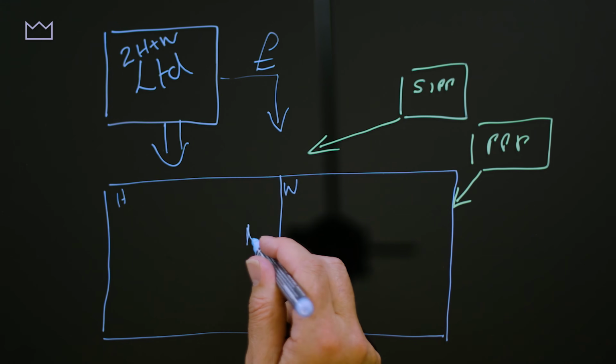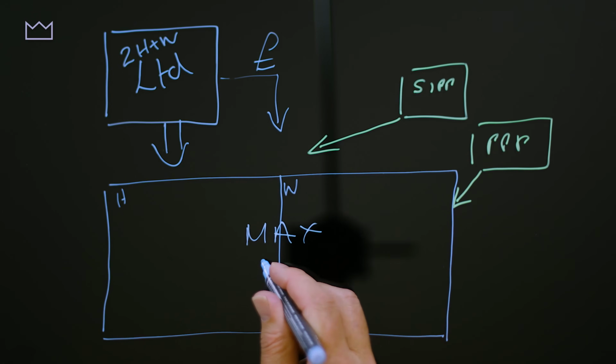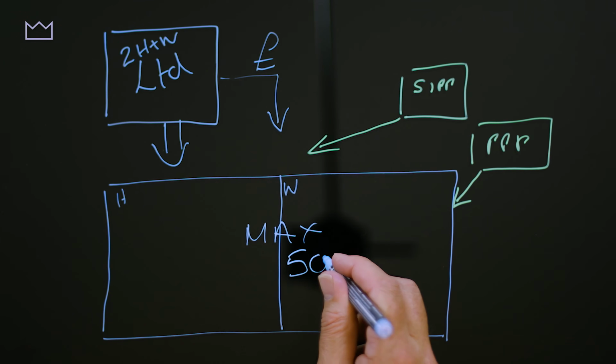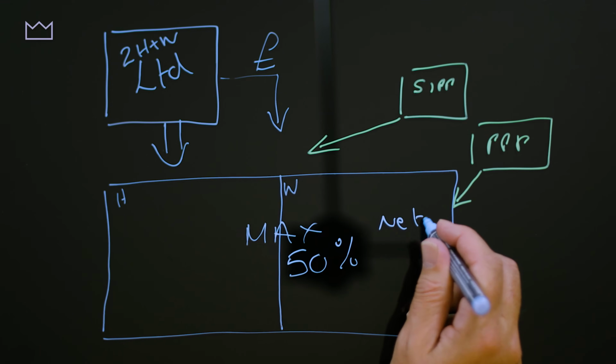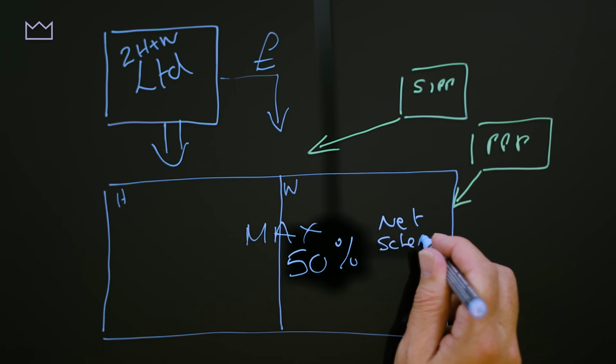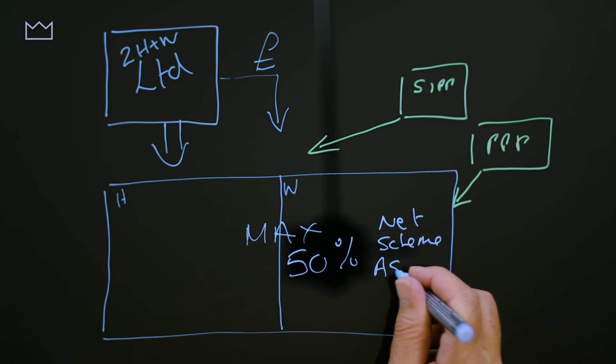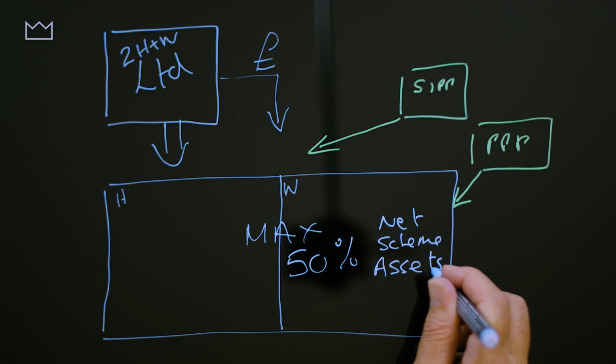Well, it is a maximum of 50% of the net scheme assets. So, assuming there is no other borrowing inside this SSAS, and it's probably just easier to assume that, let's say all the assets are cash or just held on deposit somewhere.